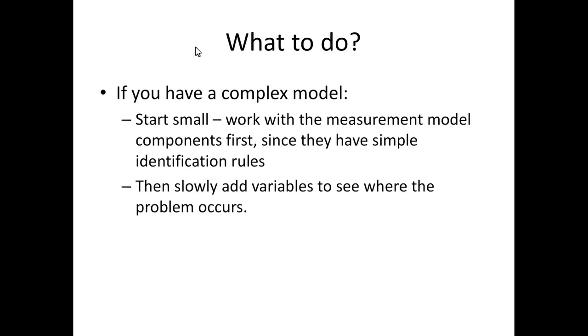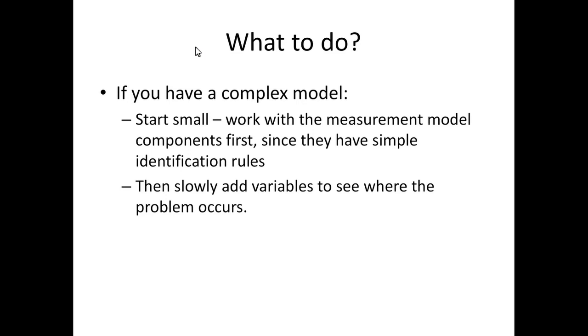So what do you do if, when you're running one of these models, you get an error that the model's not identified, especially if you have a complicated model? Now, lavaan does its very best to always help you keep things identified by setting reference variables for you. You can turn that off and change how they're referenced, which I don't really recommend unless you know what you're doing.